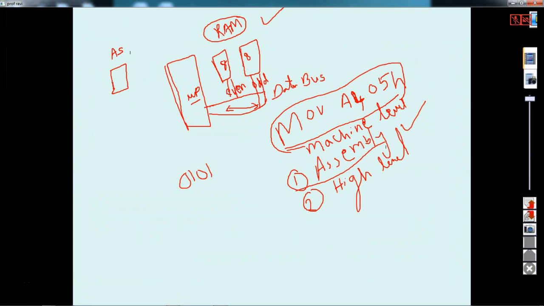What will the assembler do? The assembler will convert the assembly language program into a machine level language program.